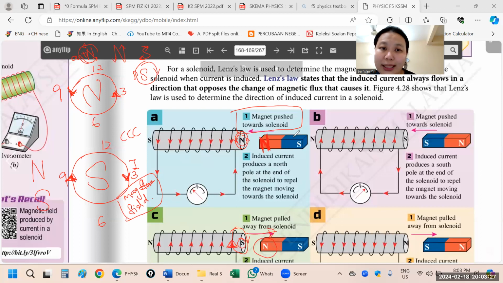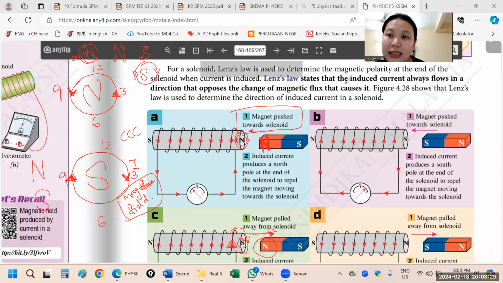So this is what Lenz's law says: induced current always flows in a direction opposed to the change of magnetic flux. If you move north in, this side becomes north.